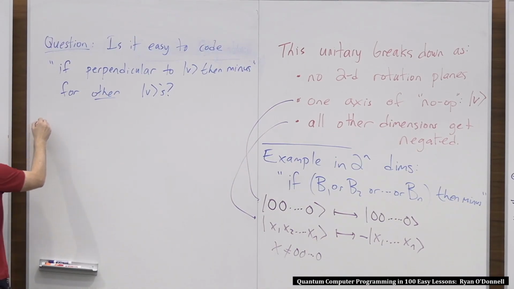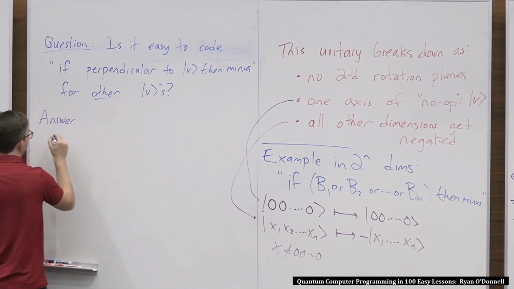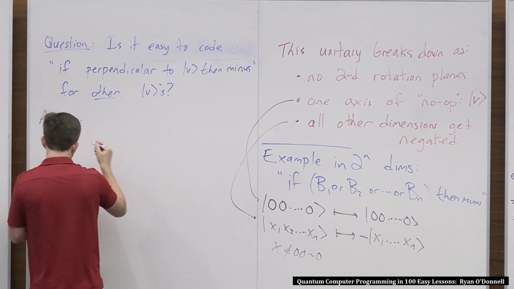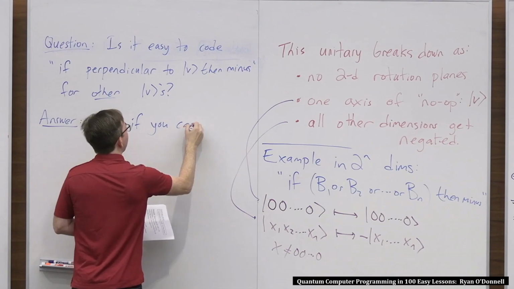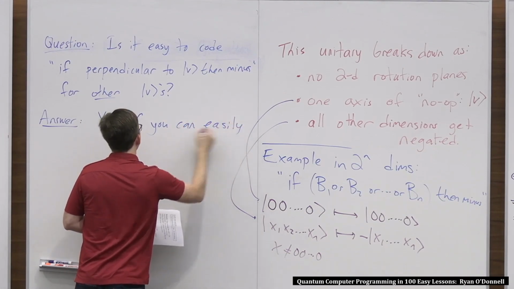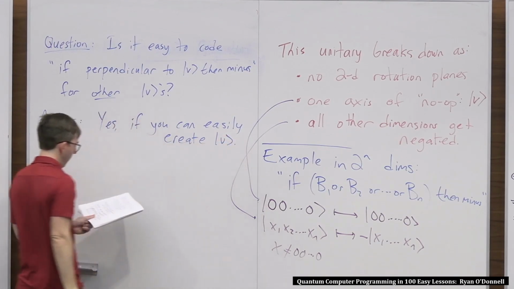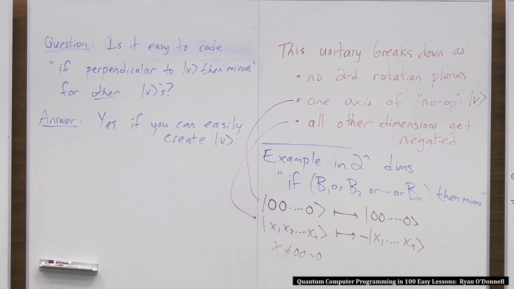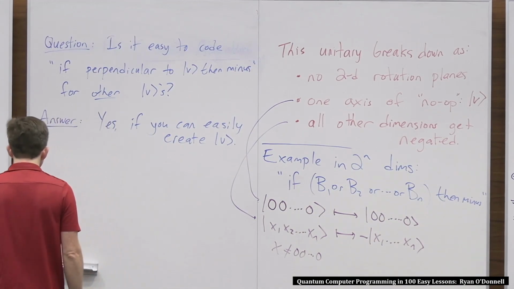And the answer is yes, if you have code for creating V itself. So yes, if you can easily create V. If V is just some crazy vector that you don't know anything about, it's not going to be easy to code up this instruction. But conversely, if it's a normal vector and you know how to build it, then it's not too hard. So let's see why that's true.